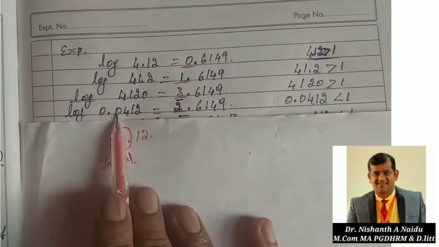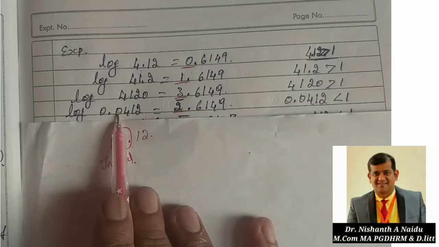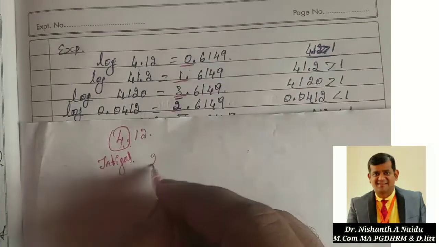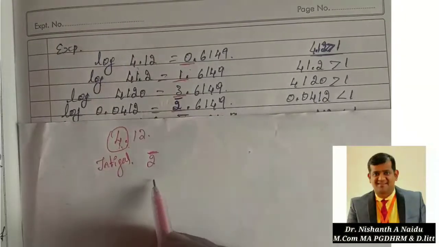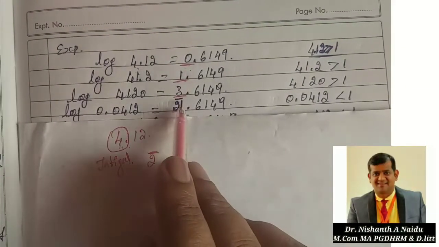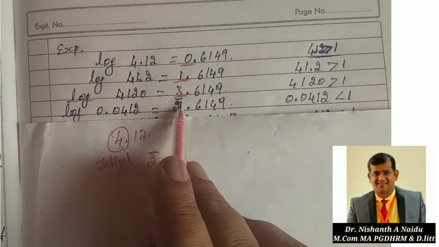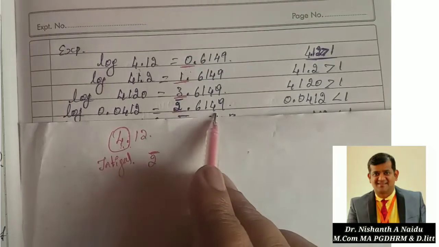Plus 1. So that becomes minus 2. It's a very simple thing. After the decimal point, 1 zero, plus 1, so that becomes minus 2. Minus 2 will be written like this, 2 bar. It is not a bar, it is minus 2.6149.